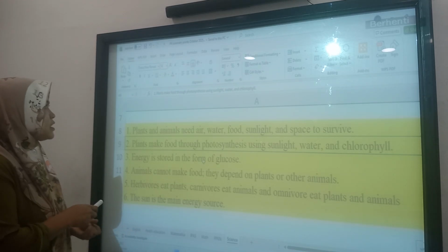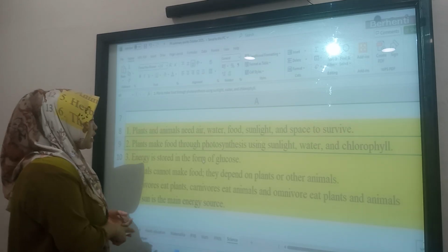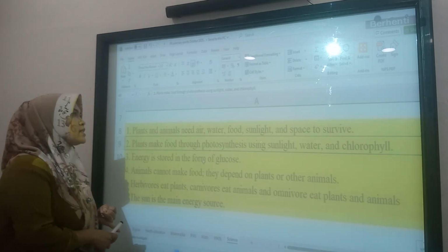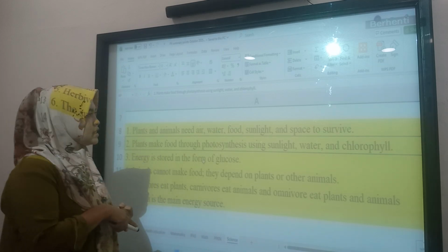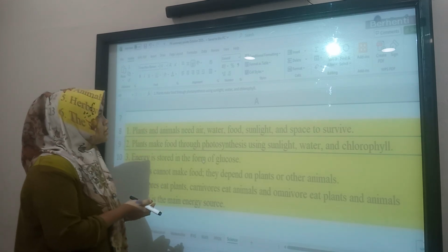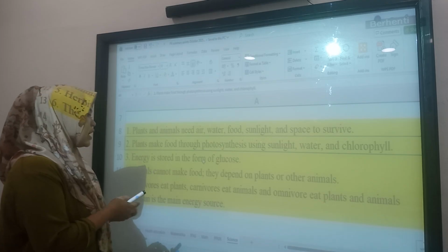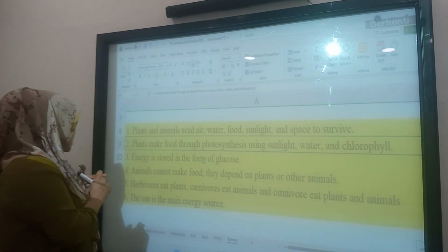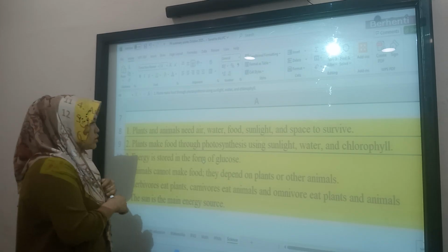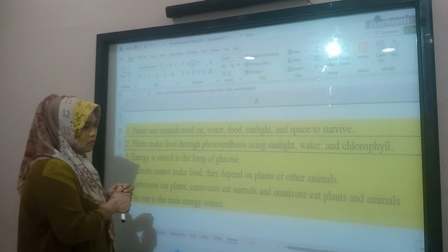We also learn about herbivore, carnivore, and omnivore. A herbivore is an animal that eats only plants. A carnivore is an animal that eats other animals, and an omnivore eats both plants and other animals. The sun is the main source of energy. Okay.